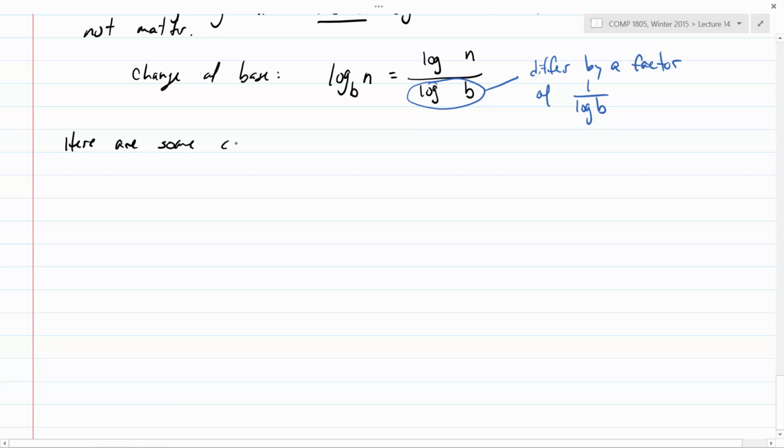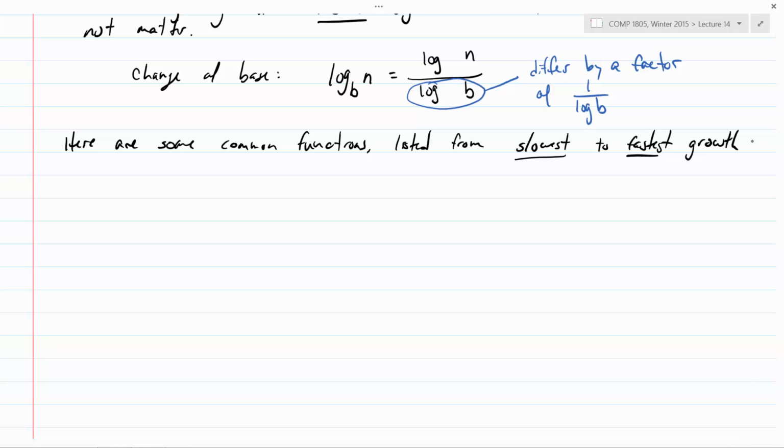Here are some common functions listed from slowest to fastest growth, which means algorithms that have these runtimes are ordered from fastest to slowest. Right? Because the faster the function grows, the slower the algorithm will be. Because typically the function represents how long it takes.